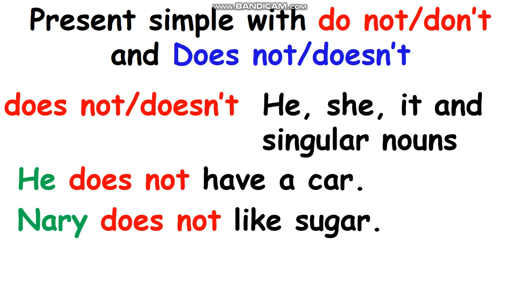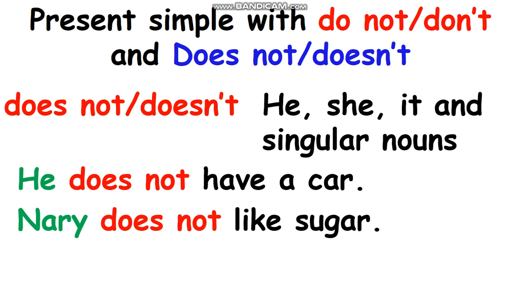So why do we use does not? Because Nari is a singular noun, so we use does not, right? If I use Nari and me, what should you use? Very good. We use Nari and me don't like sugar, right? But here only Nari, so we use does not.